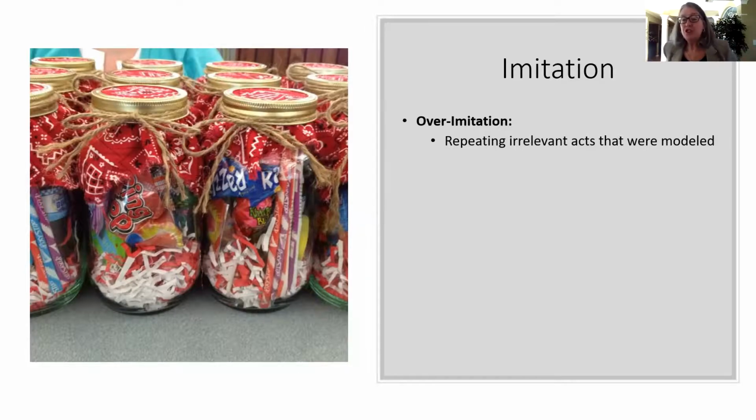And they even asked the children, which of those steps were irrelevant? In other words, which ones weren't needed for the model to be able to get the dinosaur? And the kiddos were accurate. They could say they didn't need to do this and they didn't need to do that. But when they gave them the jars, the kids did them anyway. So we tend to repeat even the irrelevant acts that are modeled.